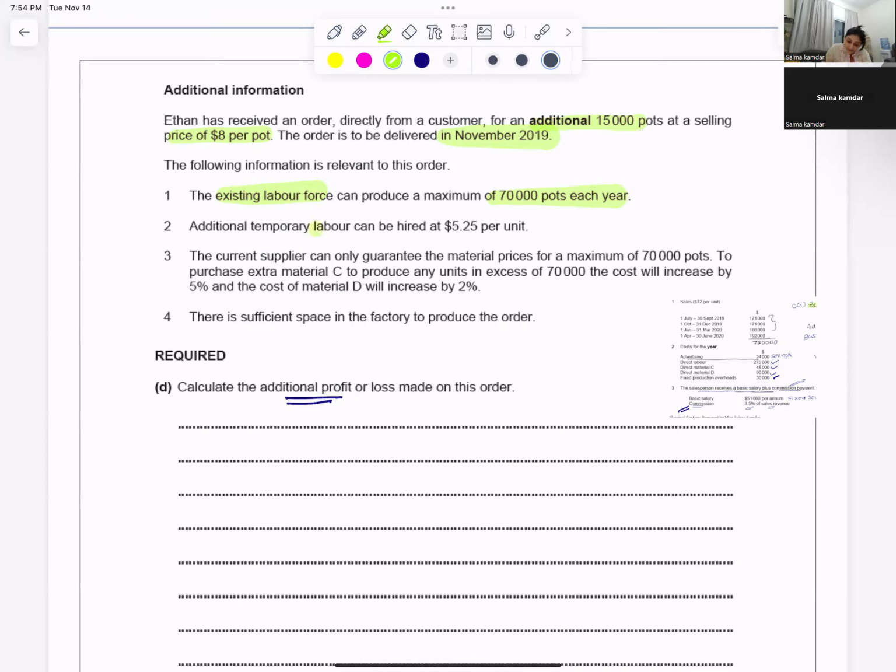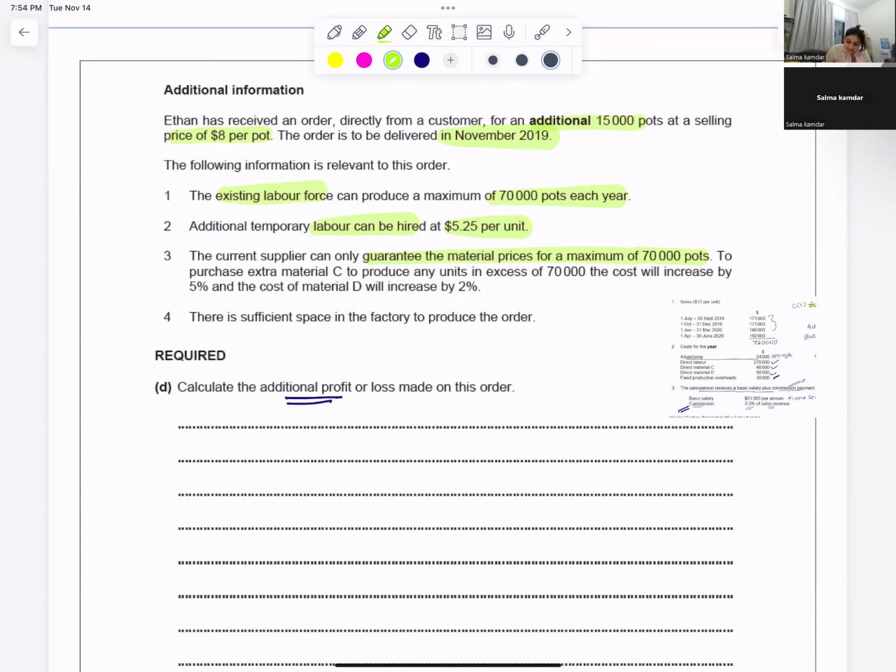Additional temporary labor can be hired at $5.25 per unit. The current supplier can only guarantee material prices for a maximum of 70,000 pots. If you want more than 70,000 pots, the supplier is not willing to give you the material.